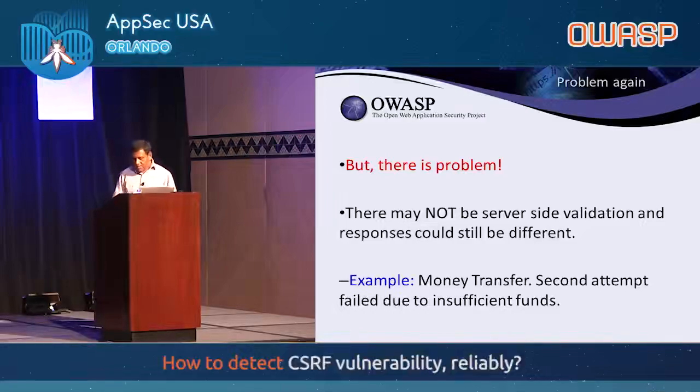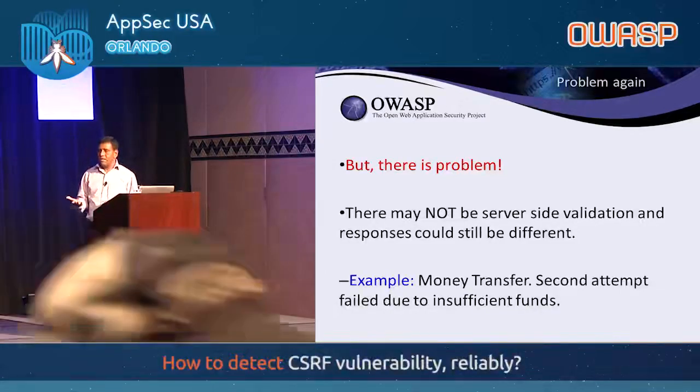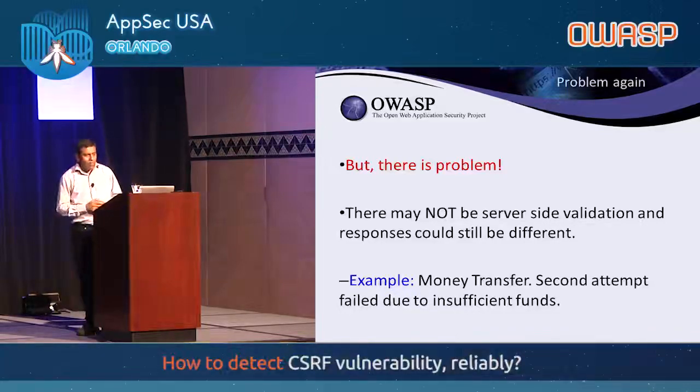And the reason is the following. Let's take the situation where we do have server-side validation once again. Let's take the scenario where the call is a money transfer from your bank, and let's assume that your bank balance is $150. Now you make the call where you request a money transfer of $100.